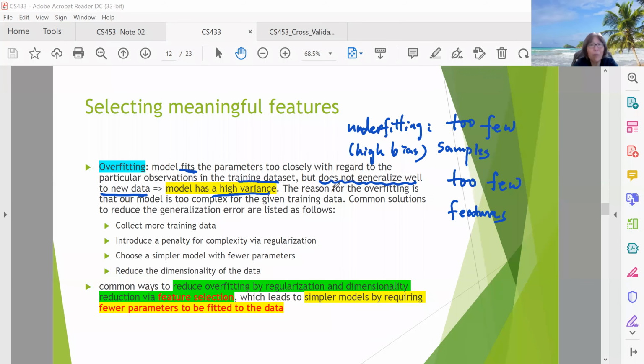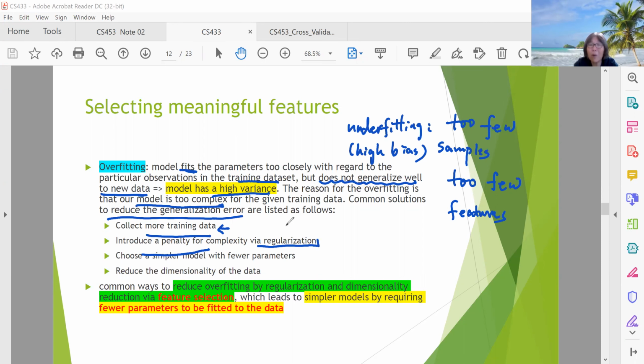Okay, and the reason for overfitting is the model may be too complex for the training data. So that's why it does not generalize well, and why we need to reduce the generalization error. How are we going to do it? You can collect more training data, that can also help. Also introduce a penalty with regularization.